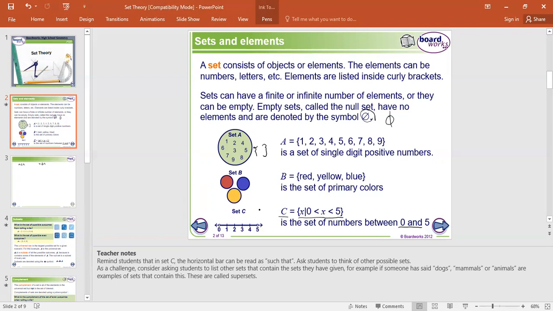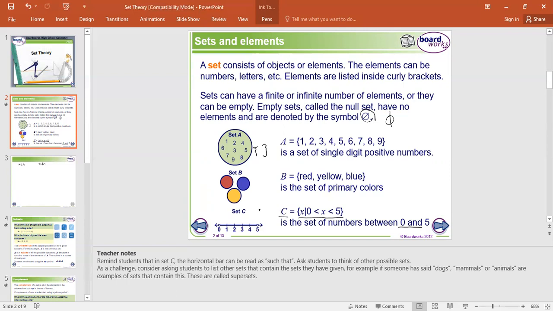Now we will see the set builder method. First we have seen the listing method, and the second method is the set builder method. If a set contains a large number of elements and the members of the set follow some obvious pattern, then the set builder method is used to represent such a set. Okay.